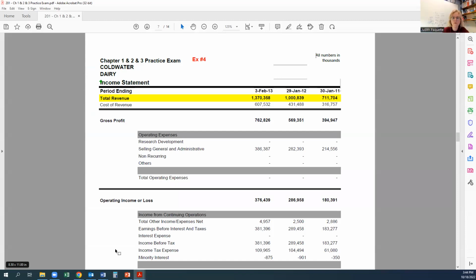If we do the correct statements but we don't do it in order, every account on the statement is worth a point. So you would lose a point for any account that's out of order. Let's say a balance sheet was 20 points and you had 3 accounts that were out of order, you get 17 for the balance sheet.